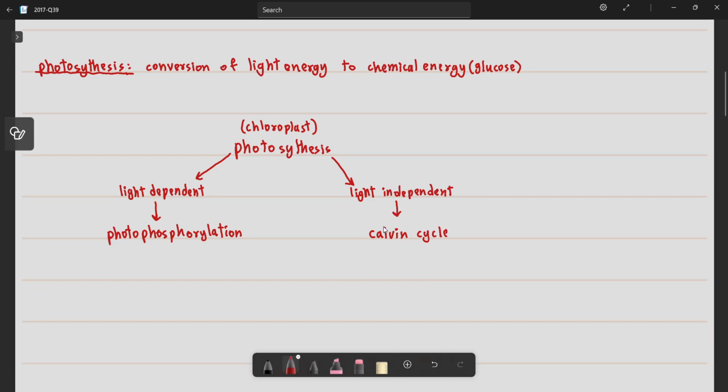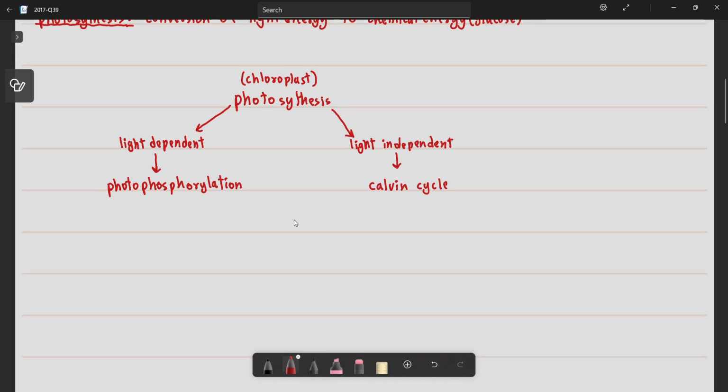Okay, so now the main function between these two is that the photophosphorylation has its main products that include ATP and NADPH. So these two high energy molecules, and also the other product, which is considered the waste product for the plant itself, is oxygen.